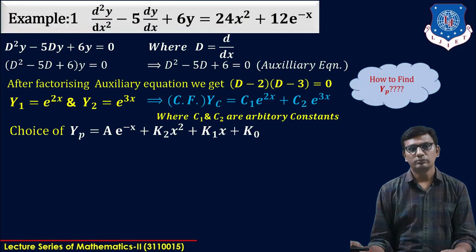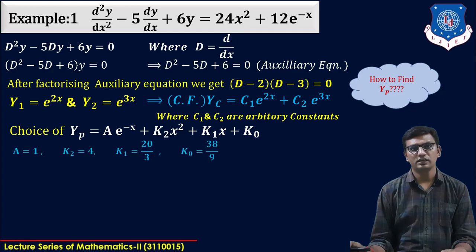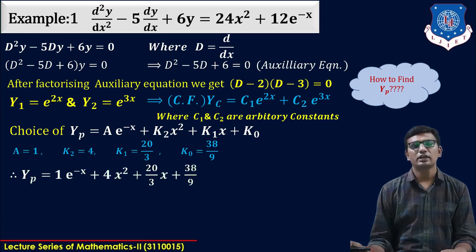Now we put these values in our yp. Our value of a is 1, k2 is 4, k1 is 20 by 3 and k0 is 38 by 9. After putting in yp, we get yp equal to e raised to minus x plus 4x square plus 20 by 3x plus 38 by 9.